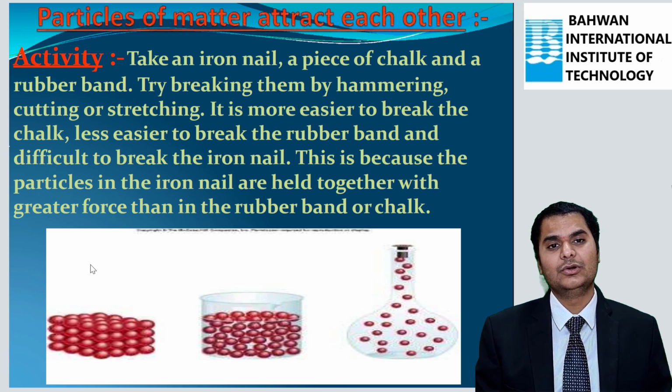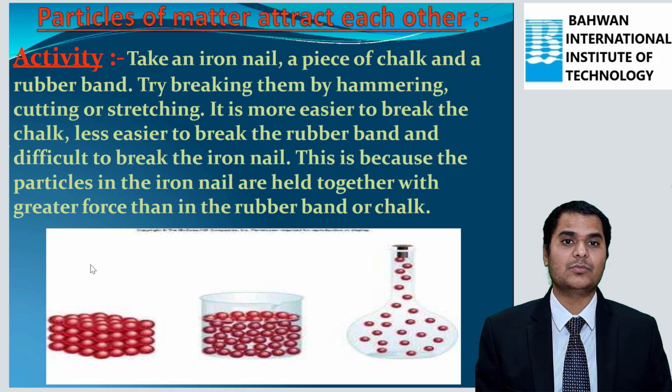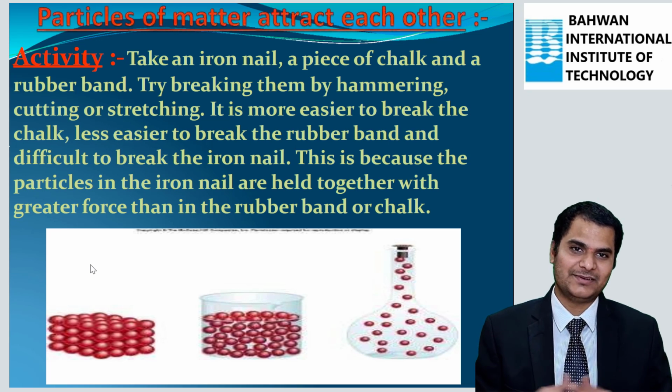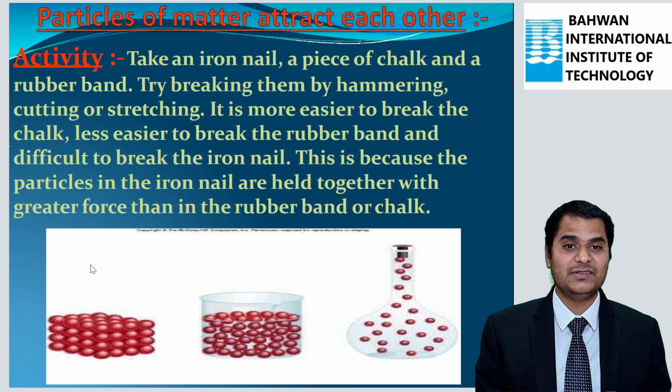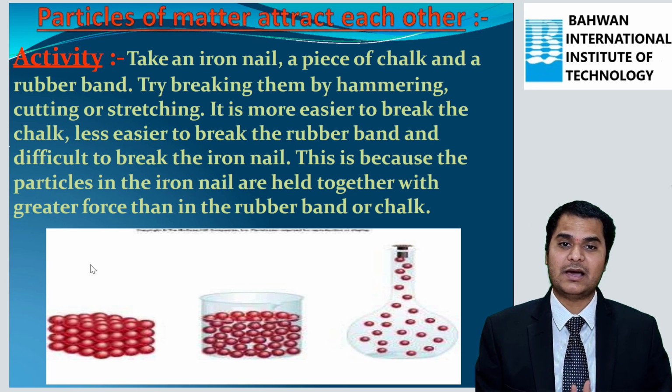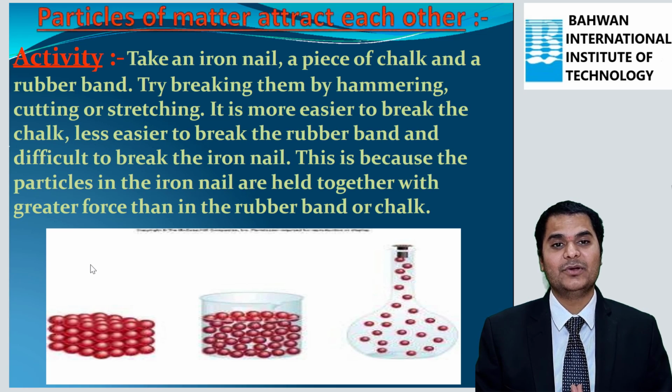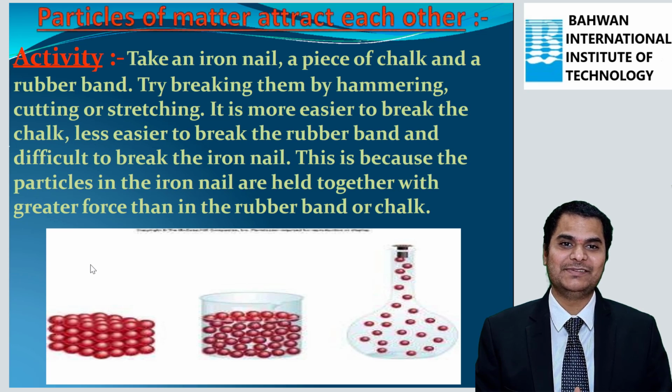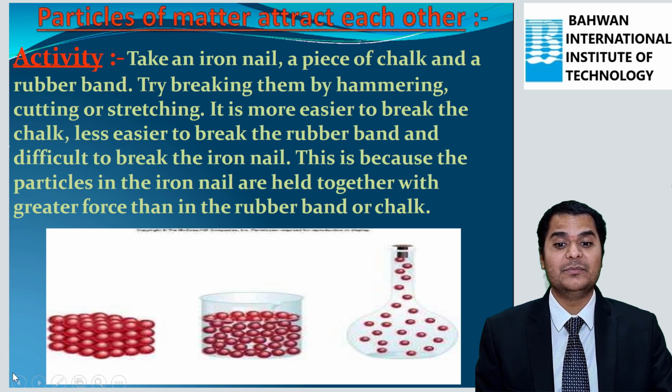You need more energy or more force to separate the iron atoms, so breaking is difficult. Whereas in the piece of chalk, breaking is easy for me because the intermolecular attractions between the particles are not very strong. So intermolecular attractions play a very big role.